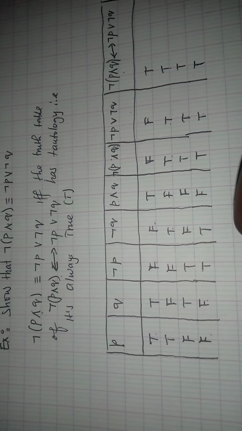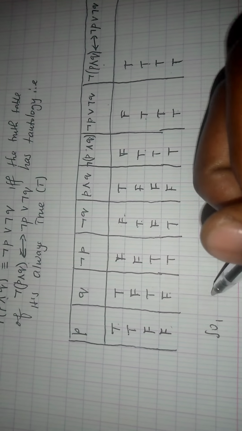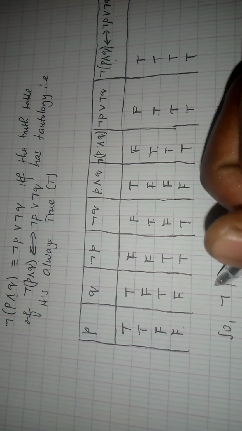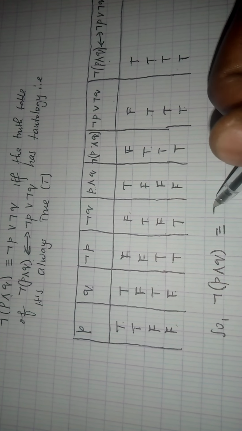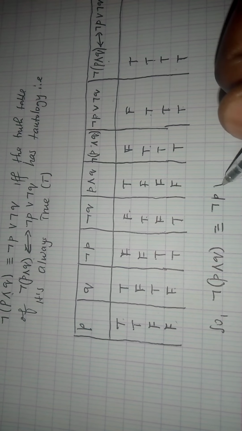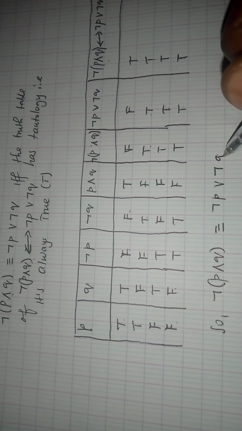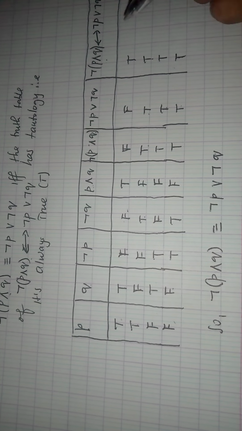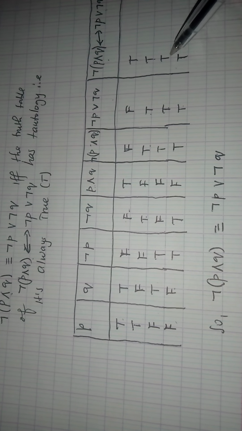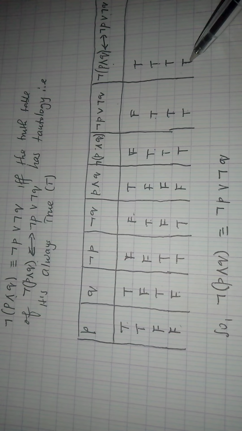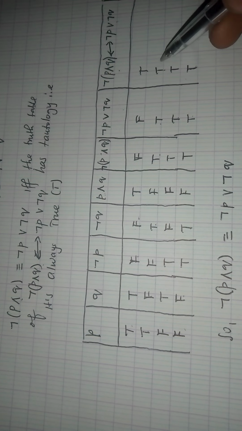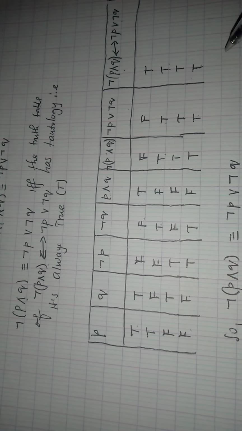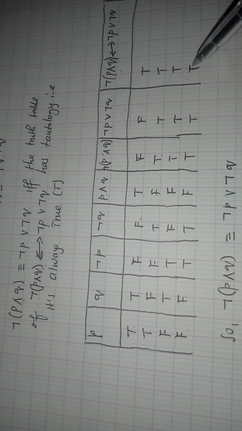So it's proved that negation of P and Q is logically equivalent to negation of P or negation of Q, since the truth table of their bicondition is a tautology, where we see that it contains only the truth value true, or simply it's always true.